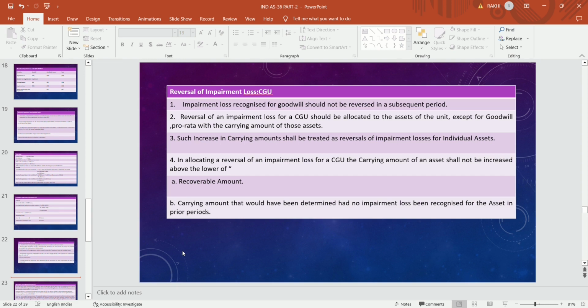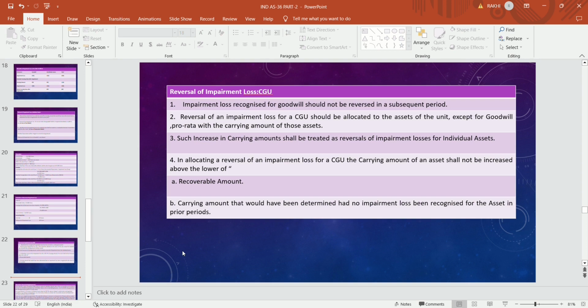Reversal of an impairment loss for a CGU should be allocated to the assets of the unit except for goodwill pro rata with the carrying amount of those assets. Such increase in carrying amount shall be treated as reversal of impairment losses for an individual asset.